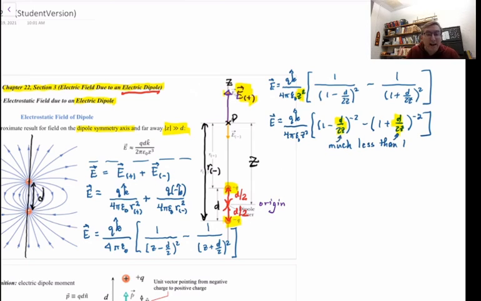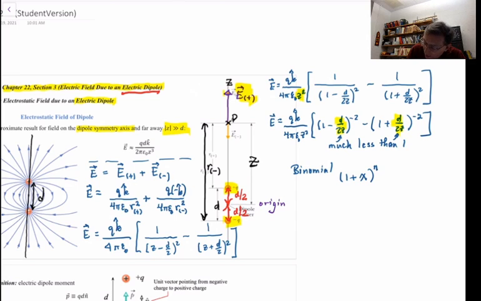So what I really have for each of those is a binomial of the following general form. 1 plus, I'll just use the generic symbol x, and the power is a generic n, where the x here stands for either d over 2z or negative d over 2z.